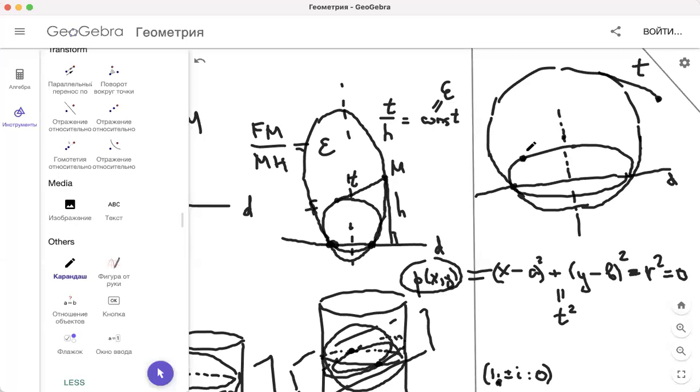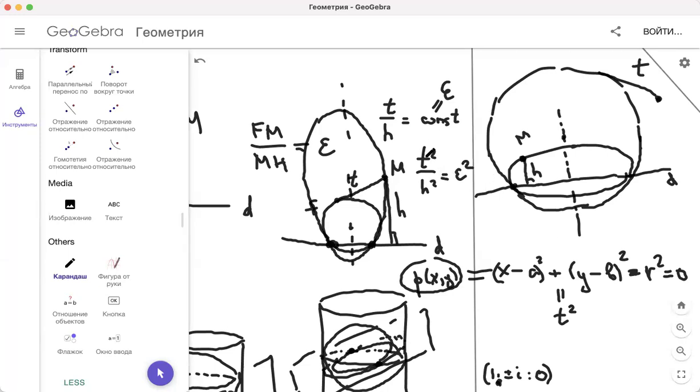You take an arbitrary point on the ellipse, for example, M, and consider the distance from M to this line, h. So here you can consider a square of this ratio, yes, and it will be equal to epsilon squared.